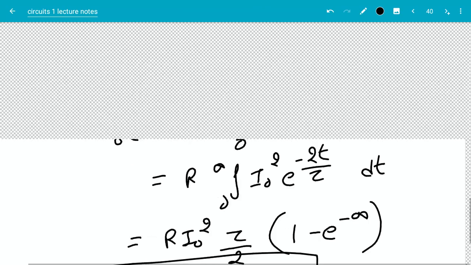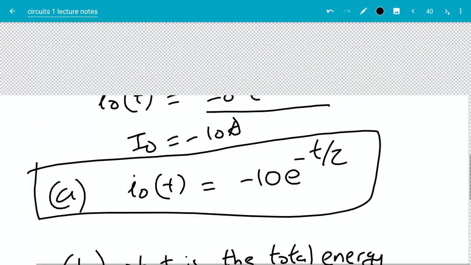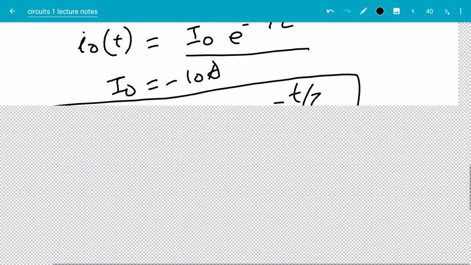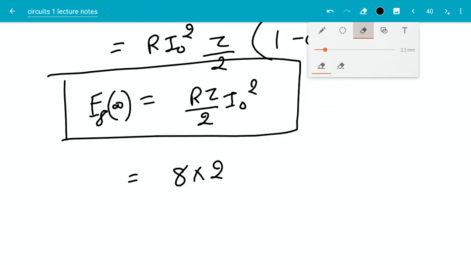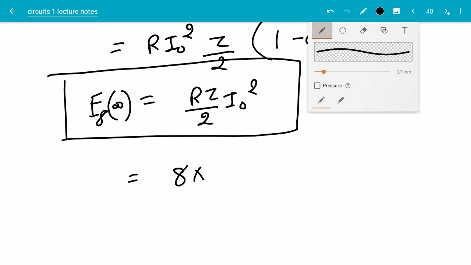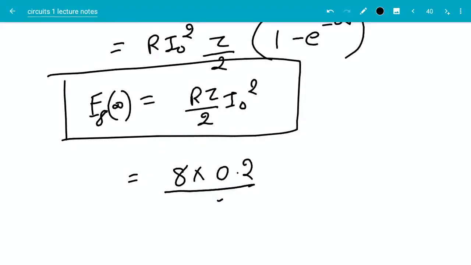tau was how much? 0.2 milliseconds, divided by 2, and I0 is 10, so 100. Okay, so this will be 0.1. Well, 0.2 milliseconds, right?